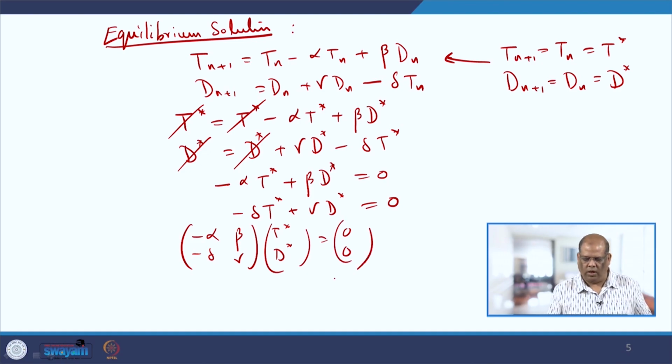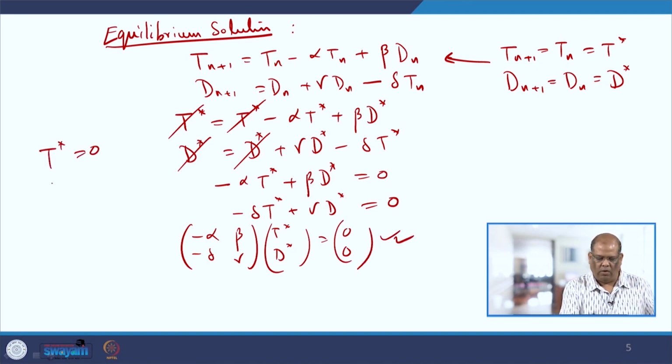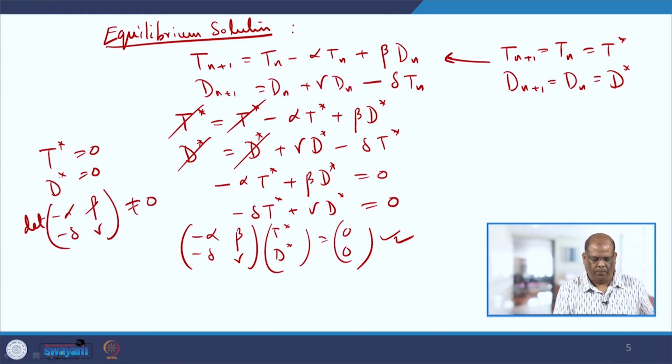This is a homogeneous equation because the right hand side is 0, and it will have a unique solution T star equal to 0, D star equal to 0, provided the determinant of the matrix is not equal to 0.